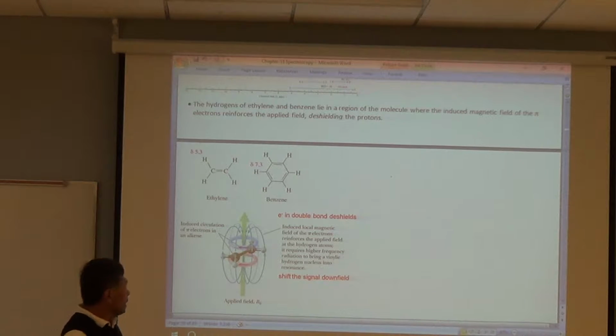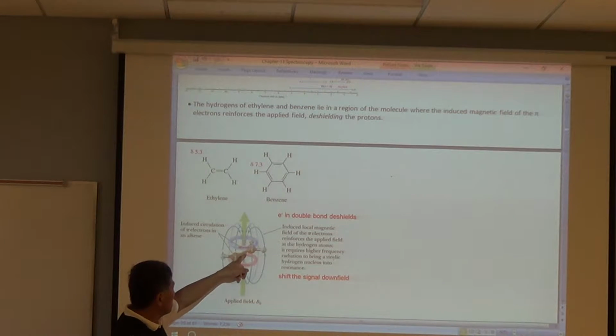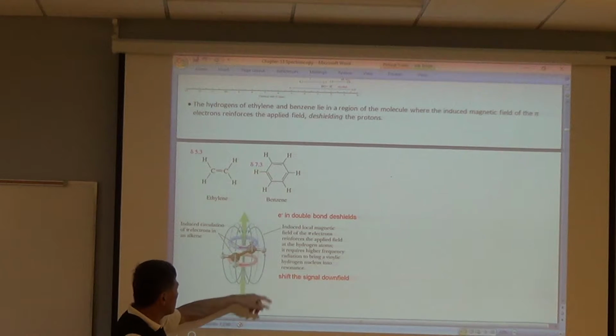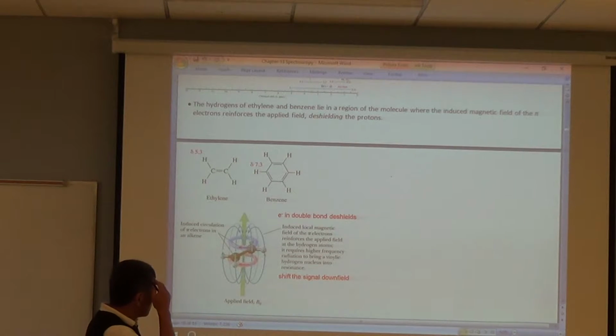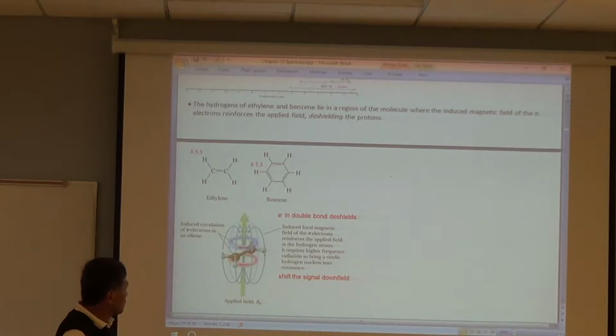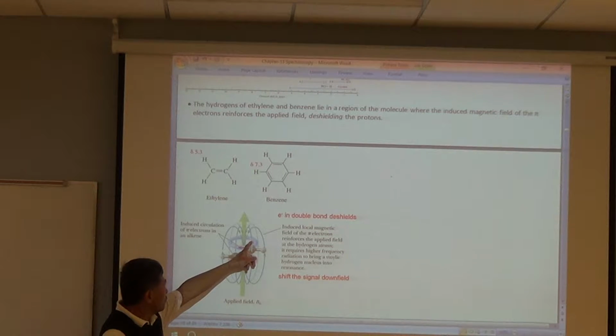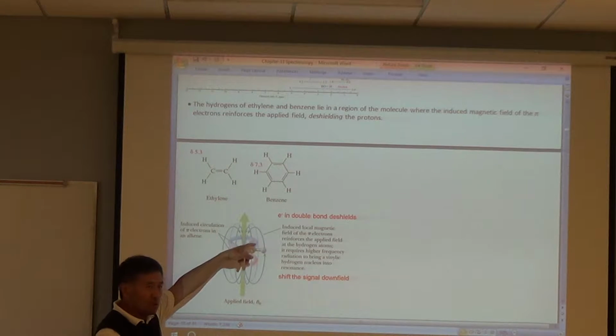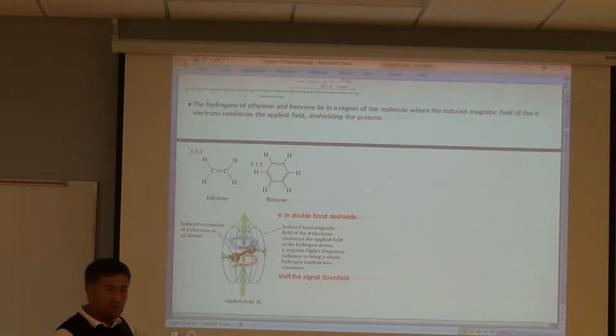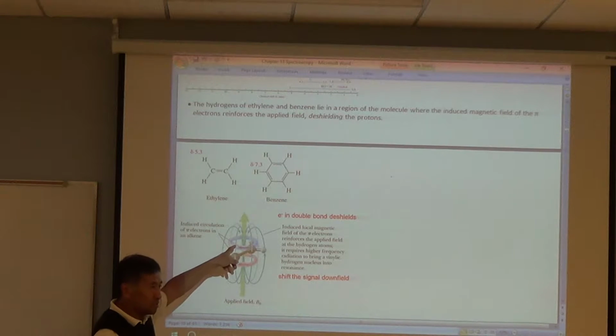And you can see in those areas, where this H is located, those small blue arrows are offset against the arrow of this B0.